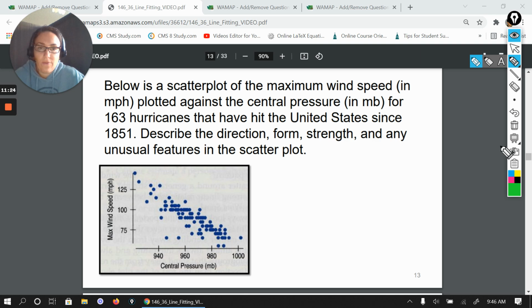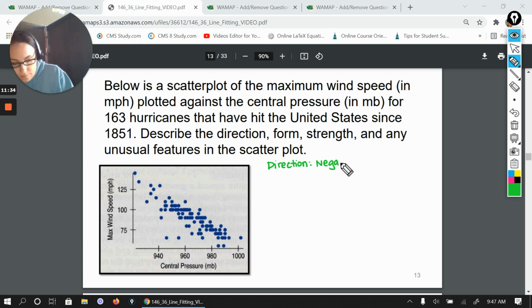Describe the direction, form, strength, and any unusual features in the scatter plot. Okay, so let's start with direction. This would be a negative direction because as the central pressure increases, the maximum wind speed decreases.